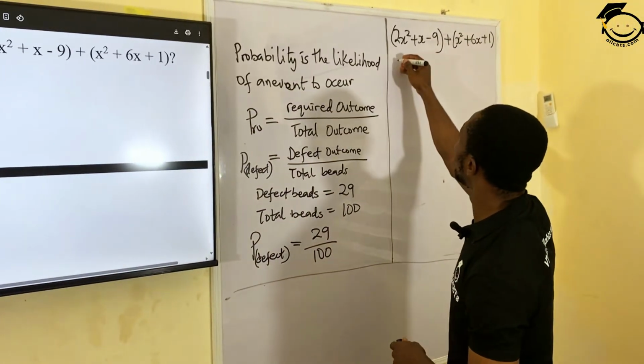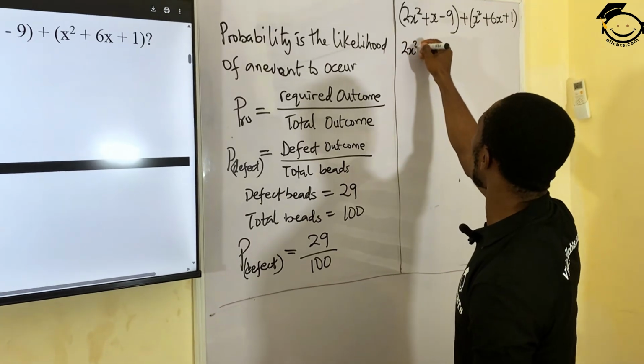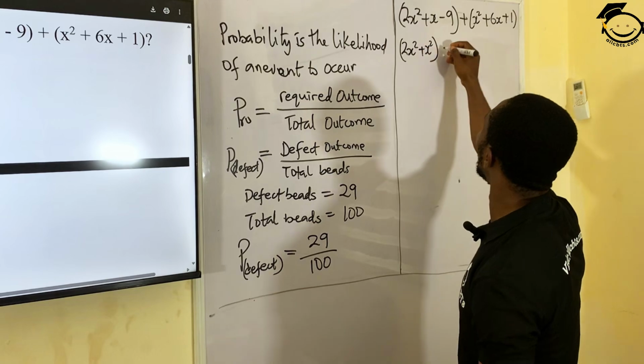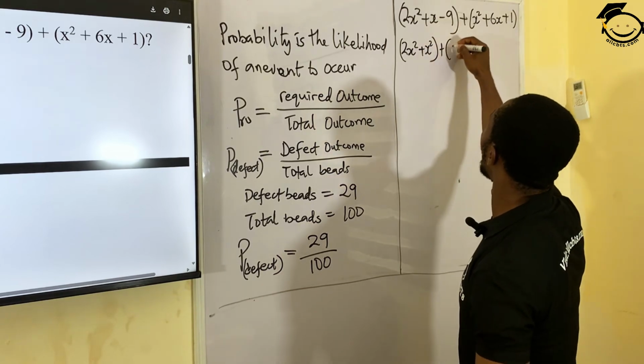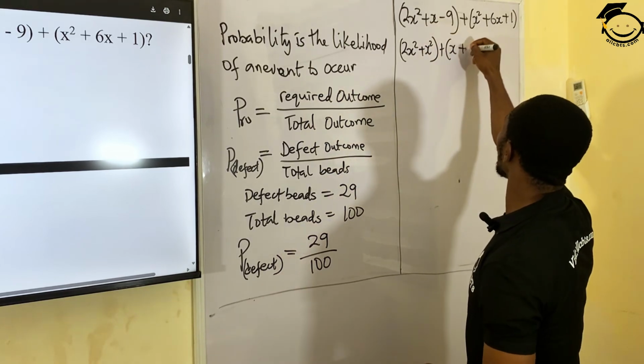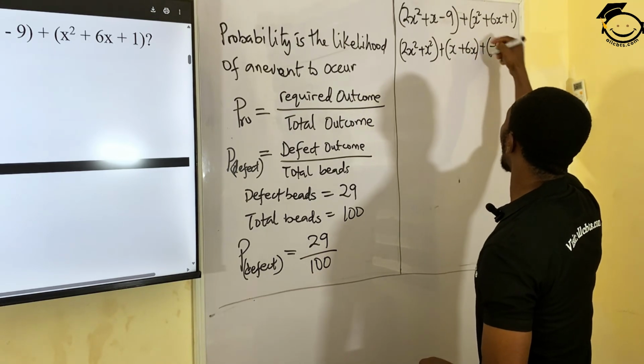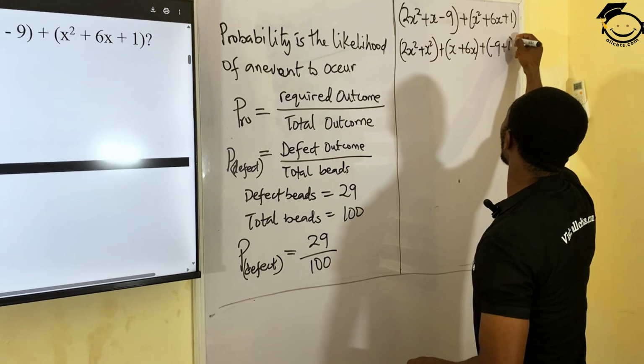So we'll have 2x squared plus x squared, plus x plus 6x, and minus 9 plus 1.